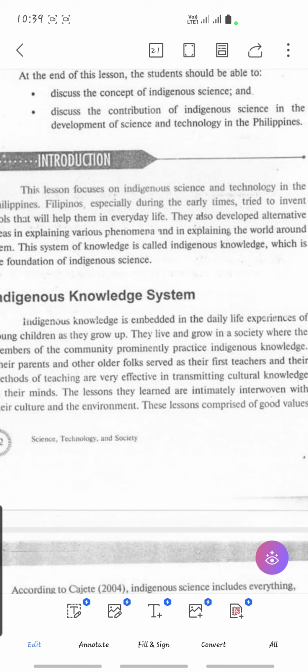That is the IKS. When we say IKS, it is traditional knowledge. It is the knowledge that came from your community. It is the culture that came from your parents or a certain society.